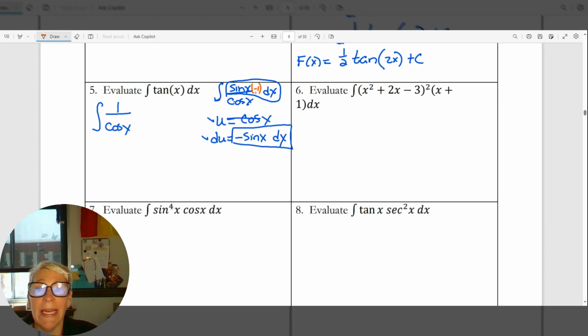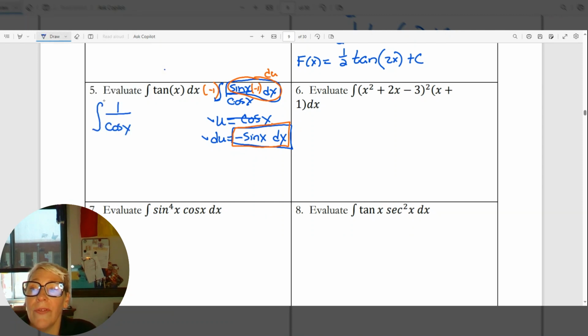If I put in negative 1 to give me my du, I have to multiply by what will balance negative 1, so that in the end I'm only multiplying by positive 1. So negative 1 times another negative 1 is positive 1. All of this now is my du.